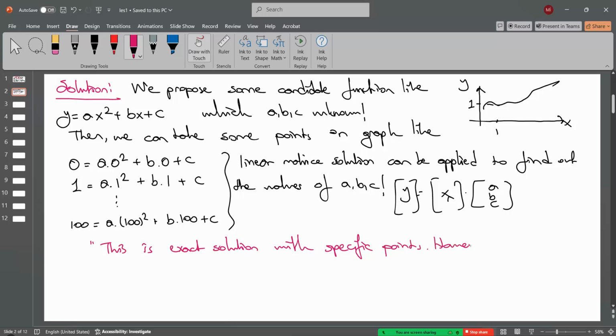However, in real life or real implementation, we don't have such kind of information or the linearized or the ideal solution. We don't have an exact match.